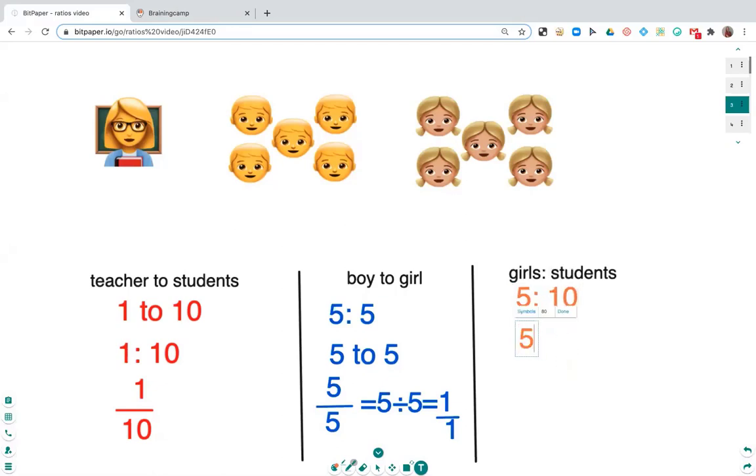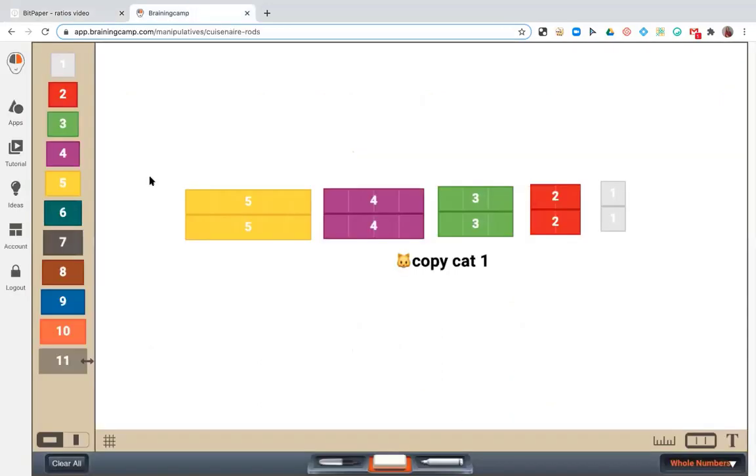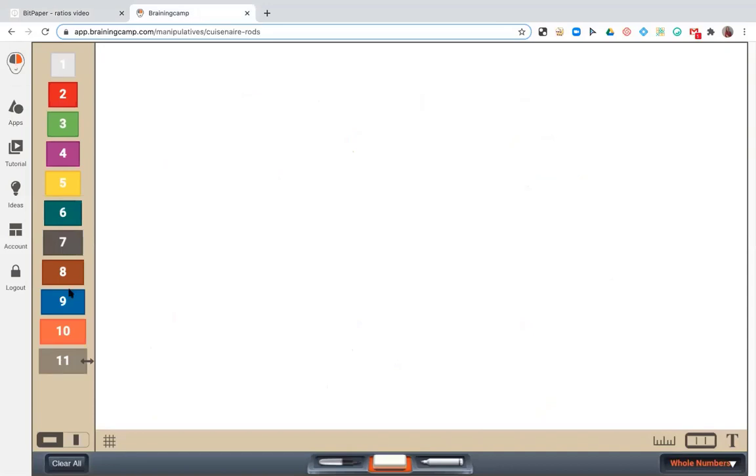So we could also write that as 5 to 10, or we could write that as the fraction 5 over 10. Now, if I wanted to simplify this ratio like I did the last one, I could come over here. We have a ratio of 5 to 10.